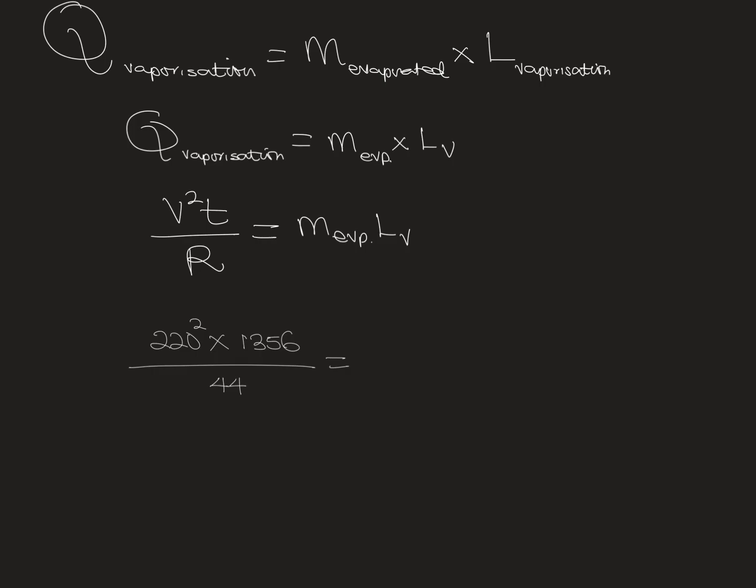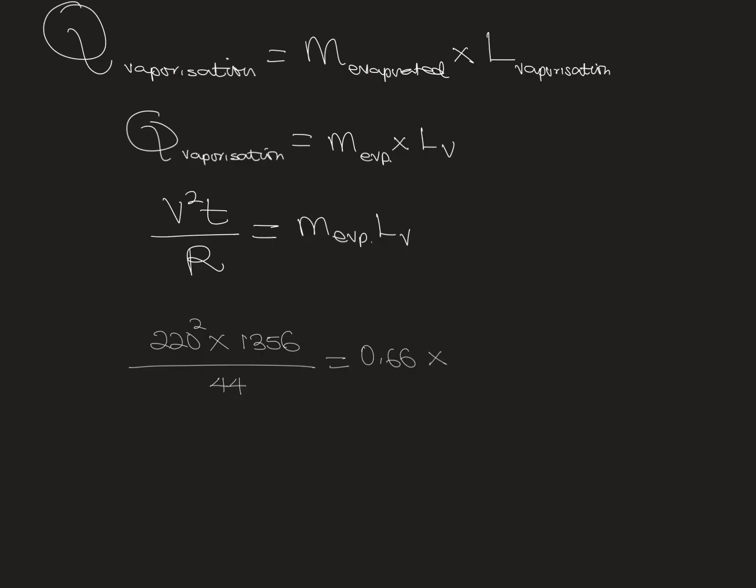But like I told you, in some questions, they will not give you the mass of the water that has evaporated. Instead, they will give you the mass of the water that has remained in the calorimeter. So how do you find the mass of the water that has evaporated in such circumstances? You will have to subtract the mass of the water that has remained in the calorimeter from the total mass of the water. But in this problem, since it is given as 660 grams, which is the same as 0.66 kilograms, we will use it directly.